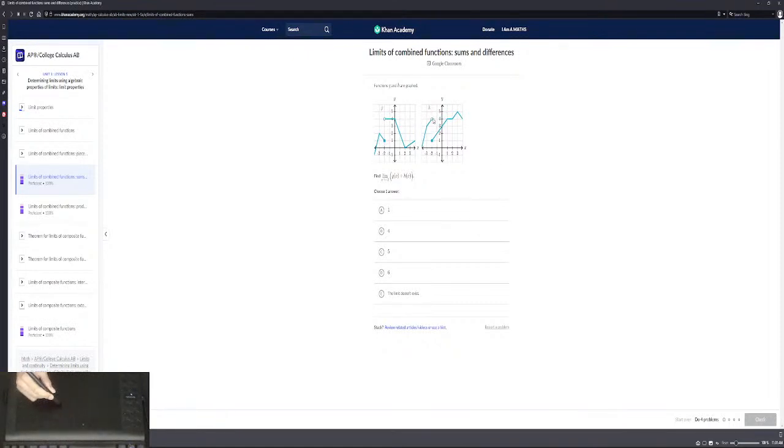So in order to find the limit, the two-sided limit has to be satisfied. To find if the two-sided limit is satisfied, what you have to do is look at the negative direction and the positive direction and see if they're equal.